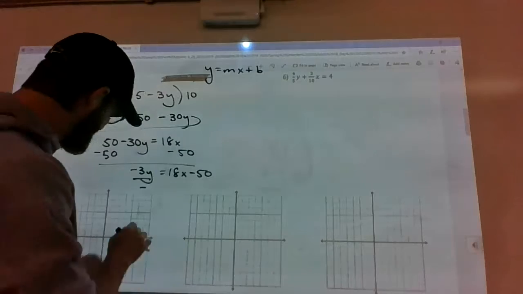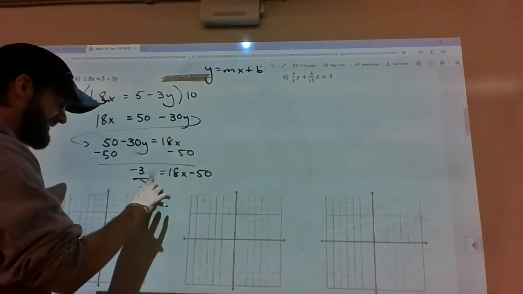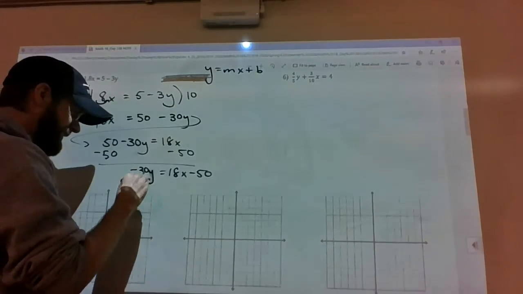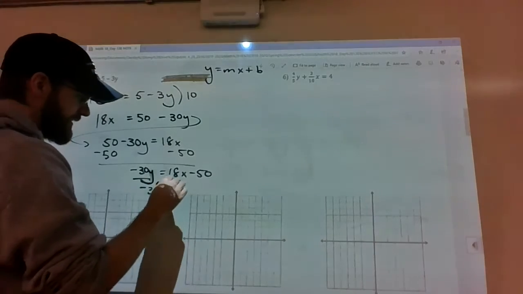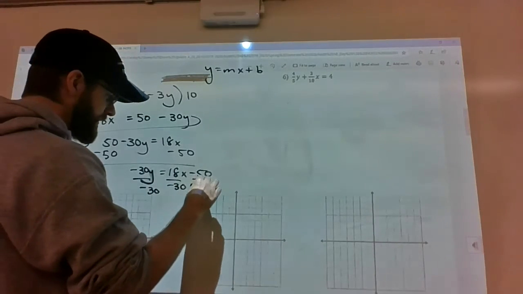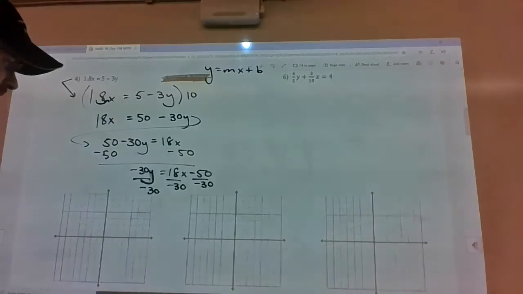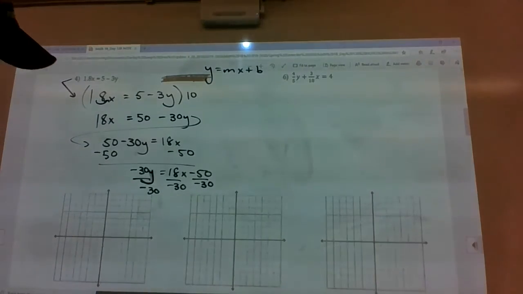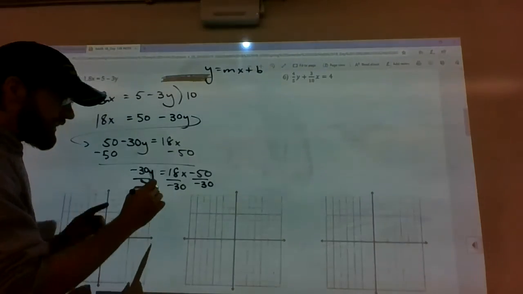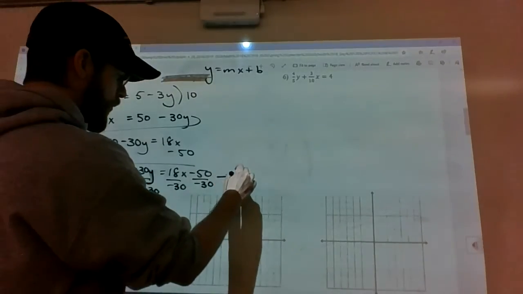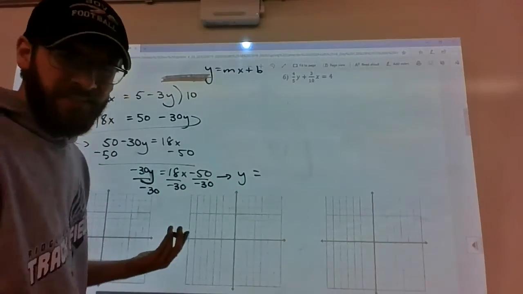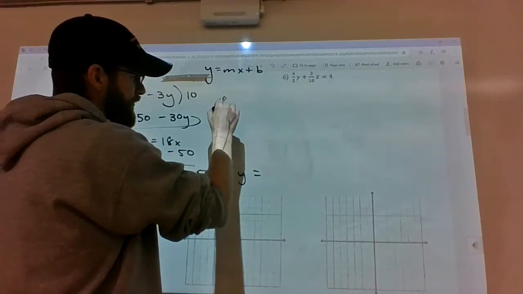Got to be careful. So, dividing everything by negative 30 gives you y equals, and we can break this down, 18 over negative 30.